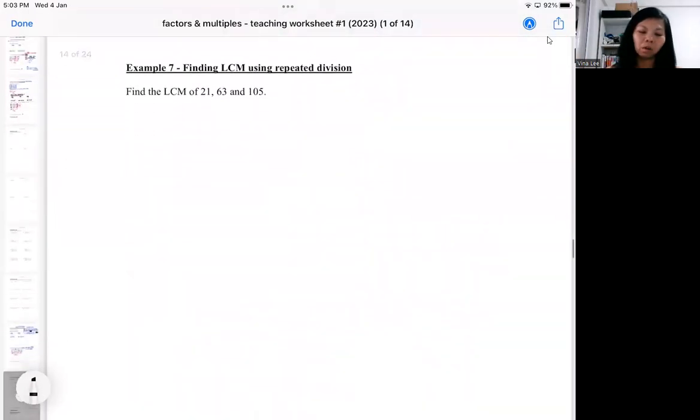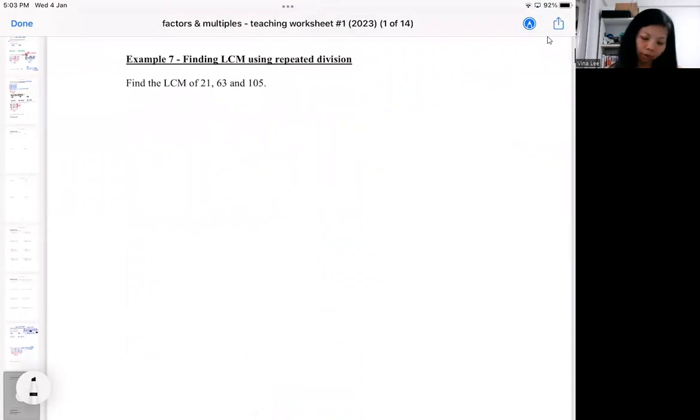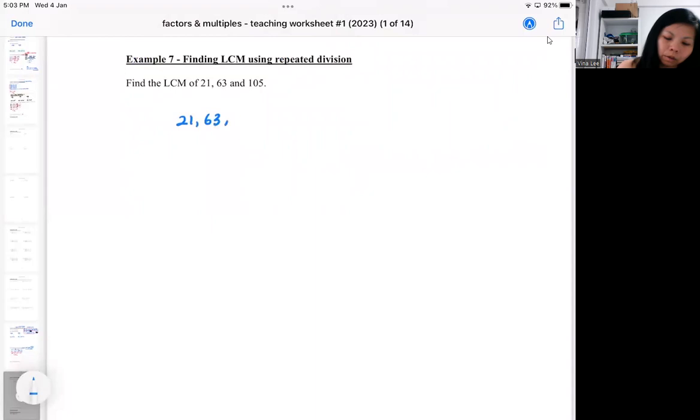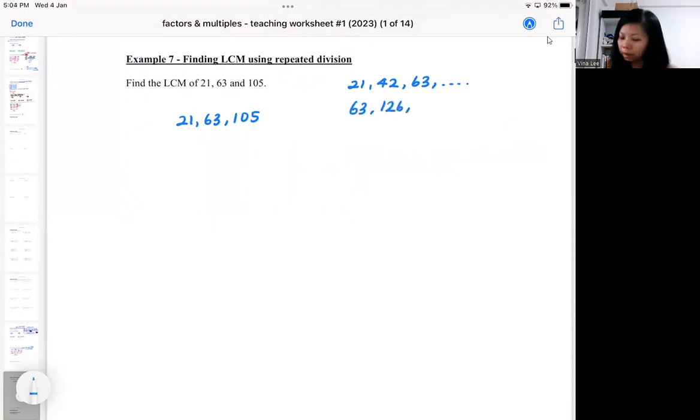The next method is called the repeated division, which is like the same thing. You can keep dividing, so you create a big ladder. Now I got 3 numbers and I need to find the common multiples.